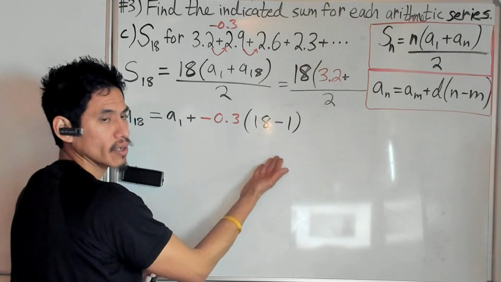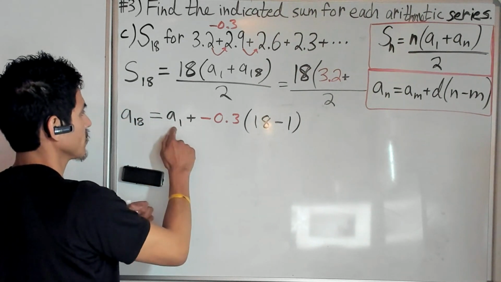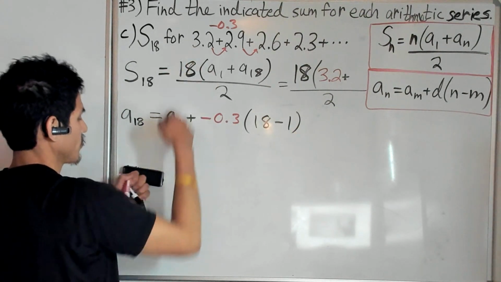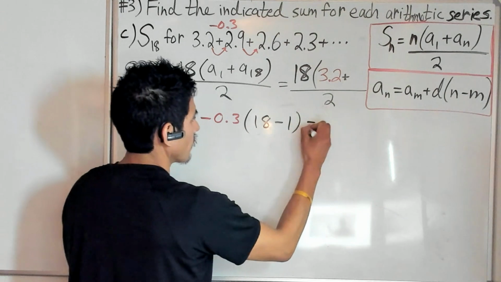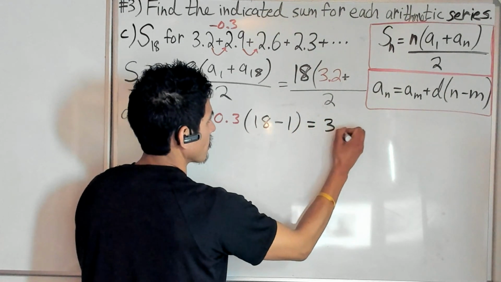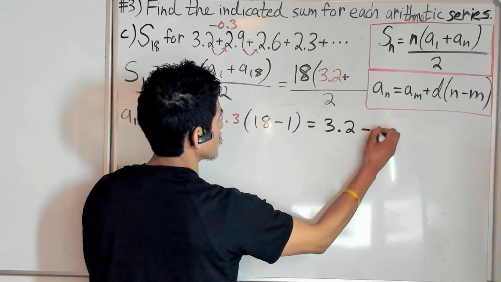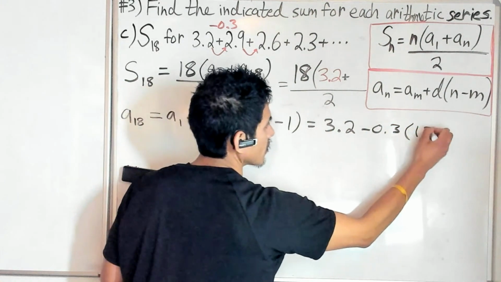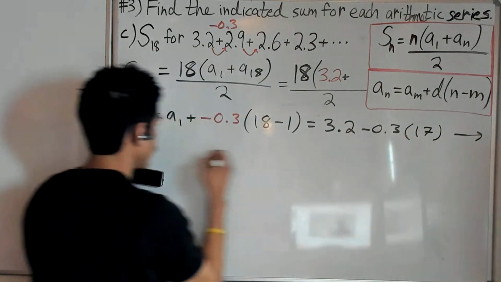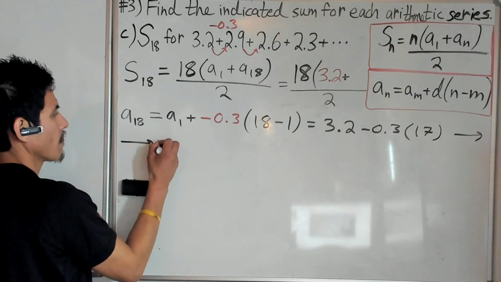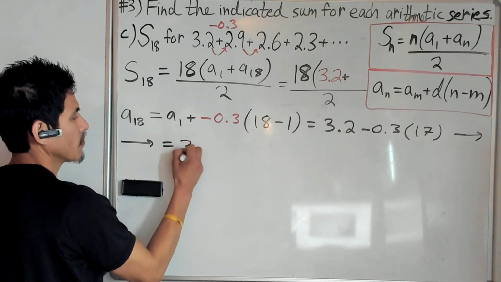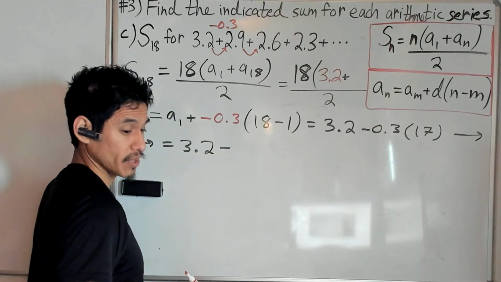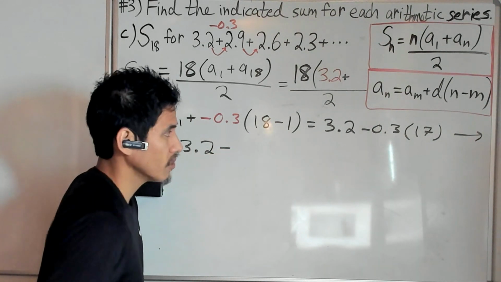And then from here, we just have to evaluate and basically simplify. a1 is going to be 3.2. We have 3.2 minus 0.3 times 17. 0.3 times 17, I believe, will be 5.1.